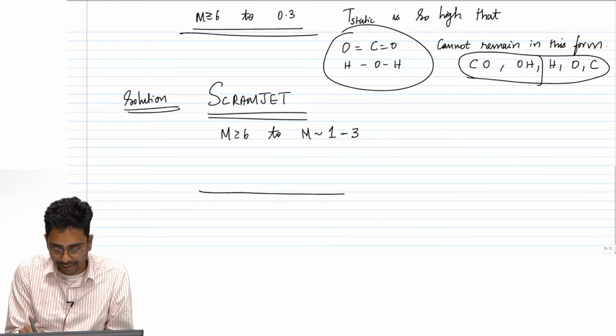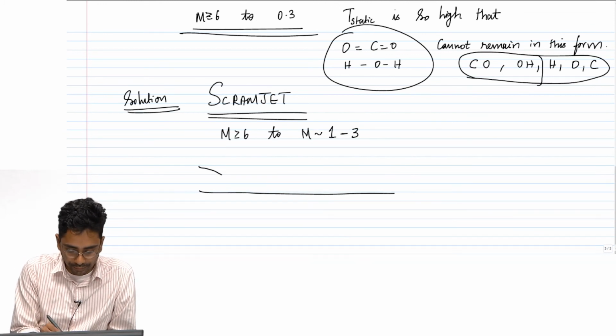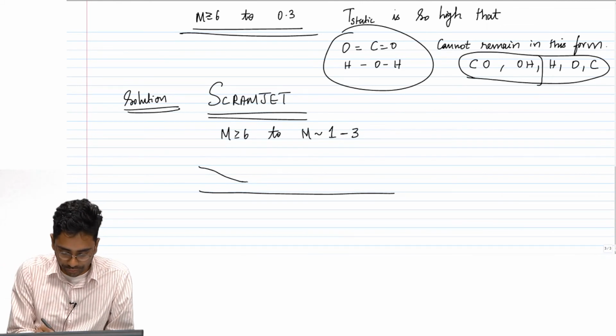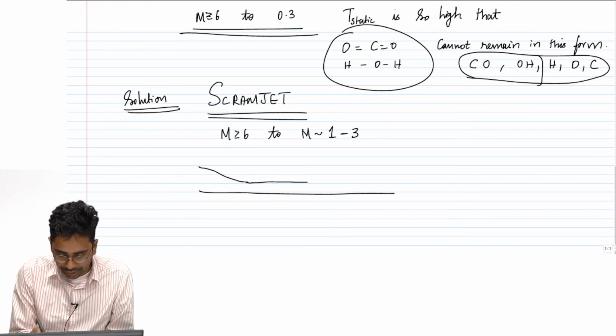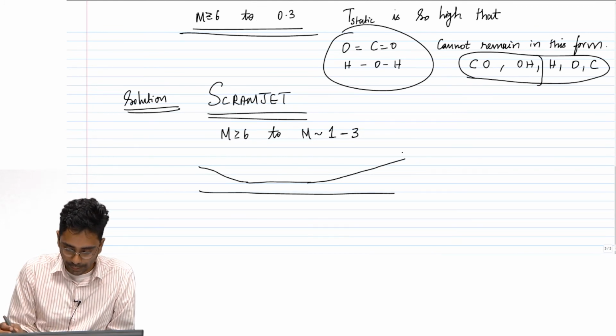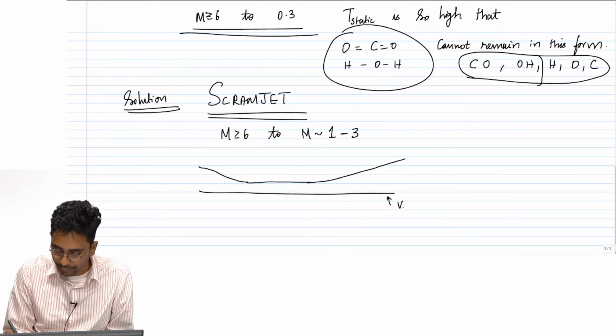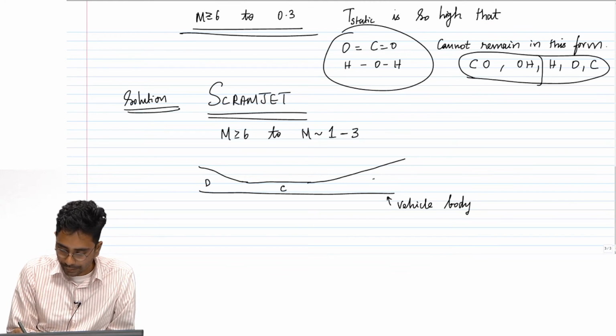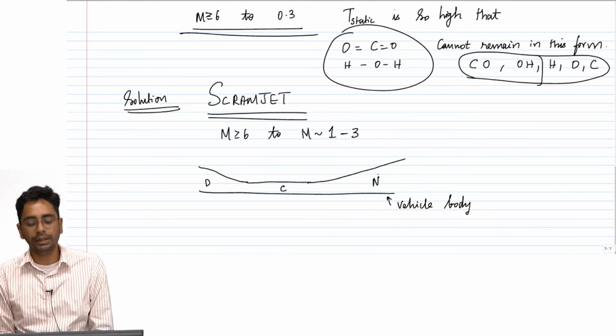It will actually be attached to a vehicle body and have a complicated arrangement, and the flow will decelerate through a series of shock structures, and then you will have the combustion chamber, and then you will have the nozzle. So this is the vehicle body. Diffuser, combustion chamber, nozzle.